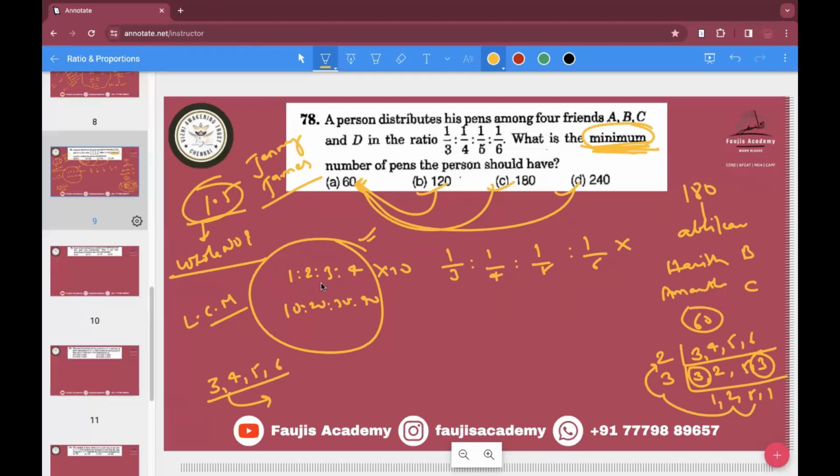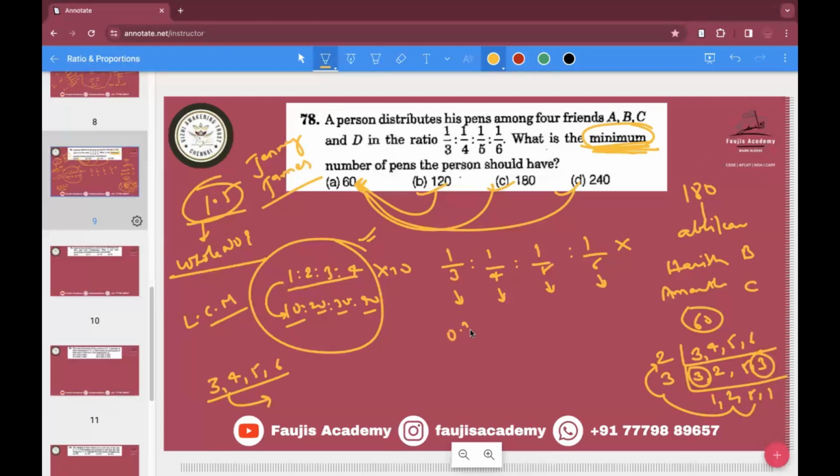So if we have whole numbers like 1, 2, 3, 4, natural numbers, or when we do 10 times of it, 20, 30, 40, it's easy for us to calculate, no? But when we have this 1/3 ratio, 1/4 ratio, 1/5 is to 1/6, these values will come in decimals.